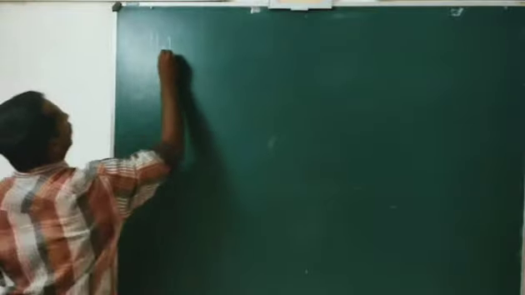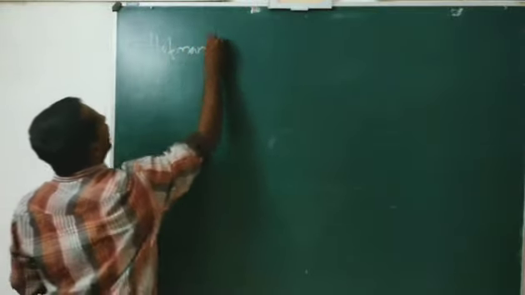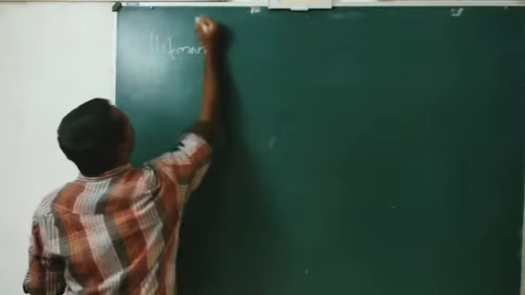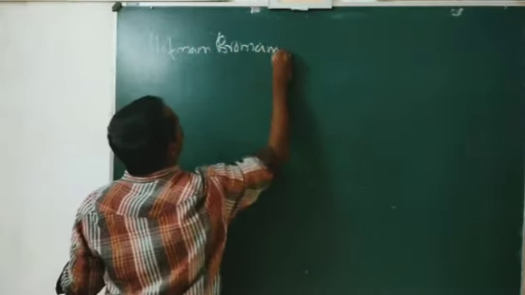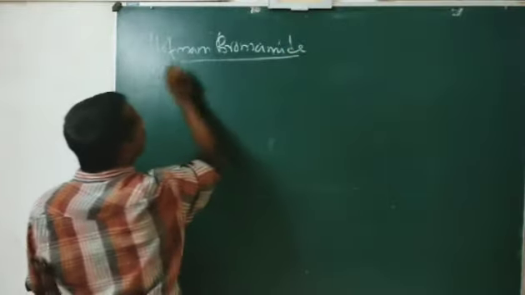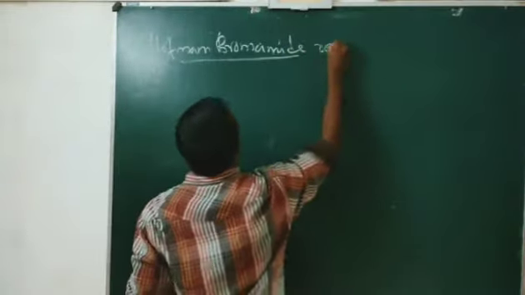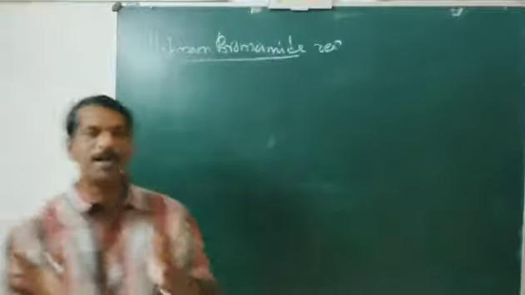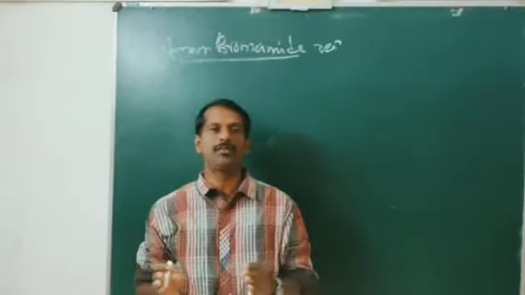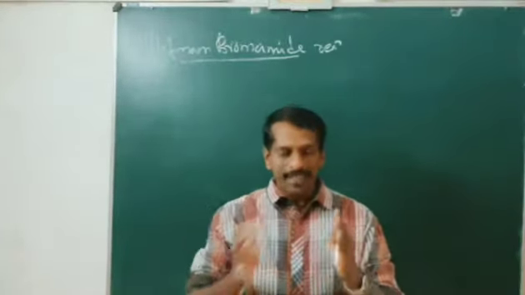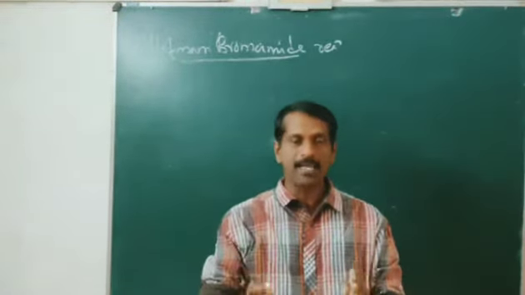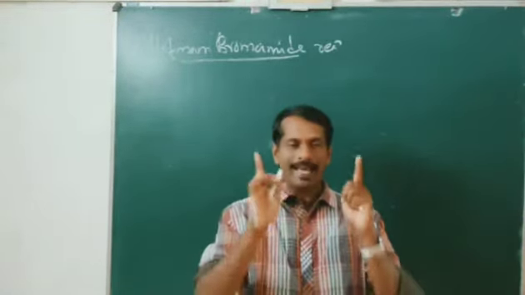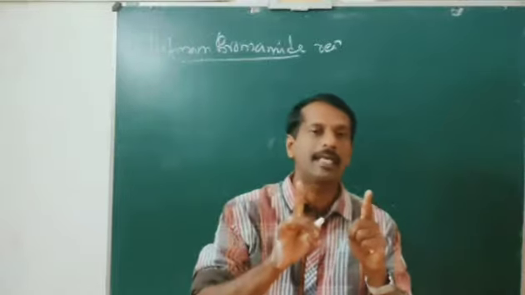Next, another important reaction of amide is the Hofmann bromamide reaction, or Hofmann degradation reaction. This is the reaction of amide with bromine in presence of NaOH, giving a primary amine which contains one carbon less than the starting amide.